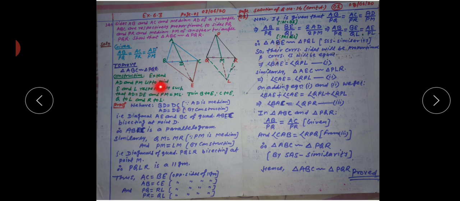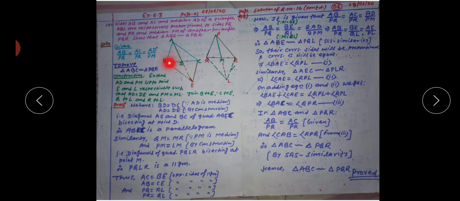We have extended AD to point E such that AD is equal to DE. That is, in this quadrilateral ABEC, we see that the diagonal AE and diagonal BC are bisecting at point D. That means BD is equal to DC and AD is equal to DE.